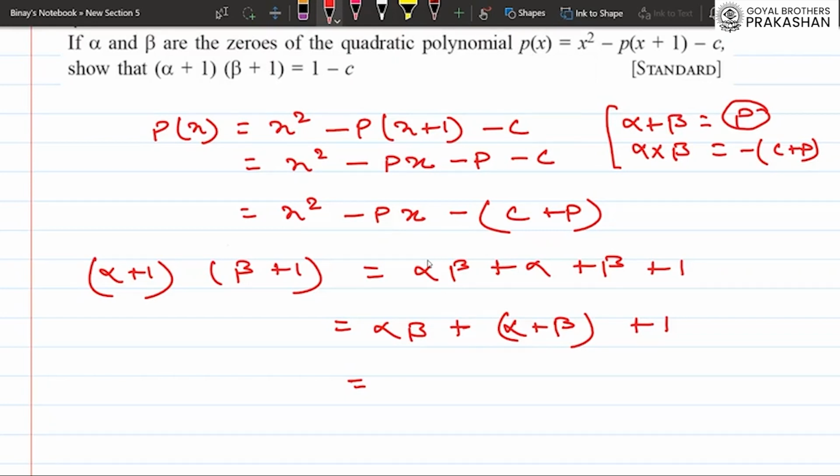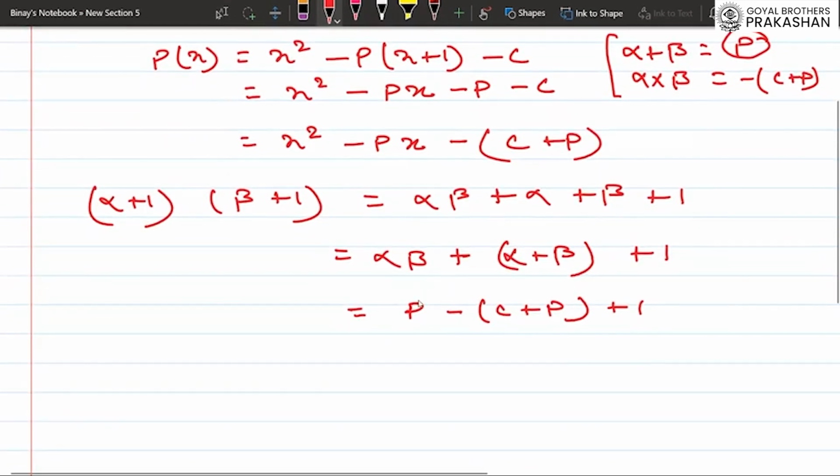So now we will substitute these two values over here. So alpha plus beta is p, and this is minus under bracket c plus p and plus 1. Okay, so this equals p minus c minus p plus 1. These two parts will be cancelled.